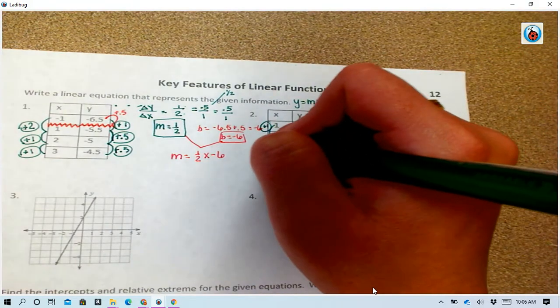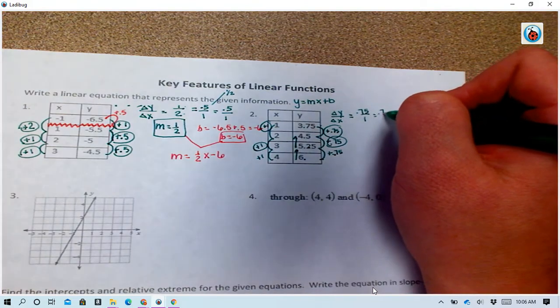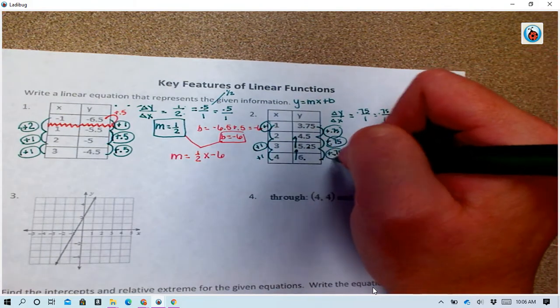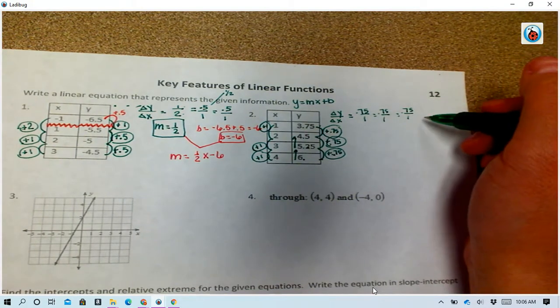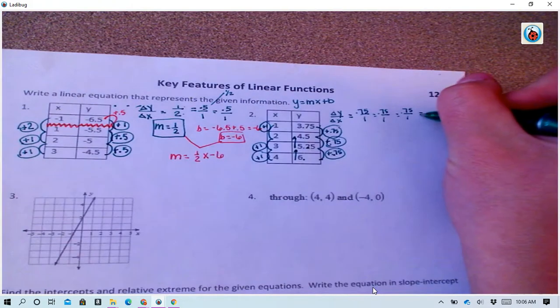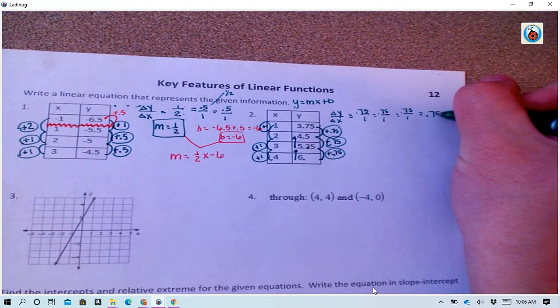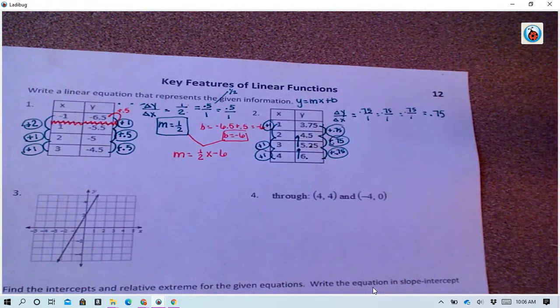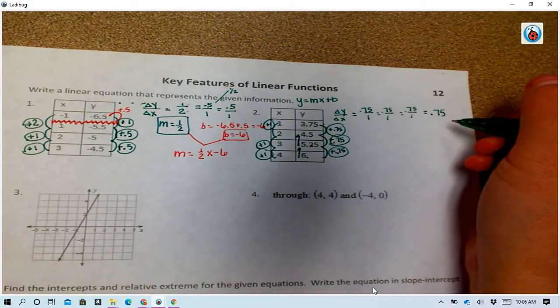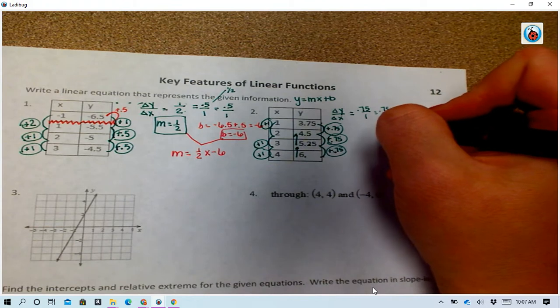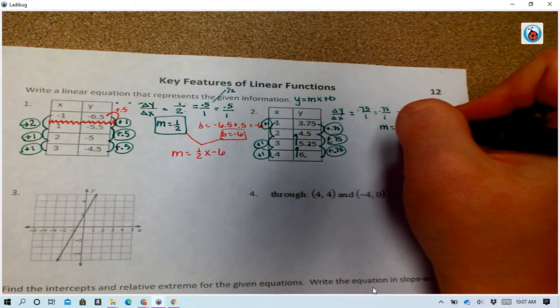These are all the same thing, which just gives us 0.75, but slope has to be a fraction. So what is 0.75 as a fraction? That means our slope is 3/4.